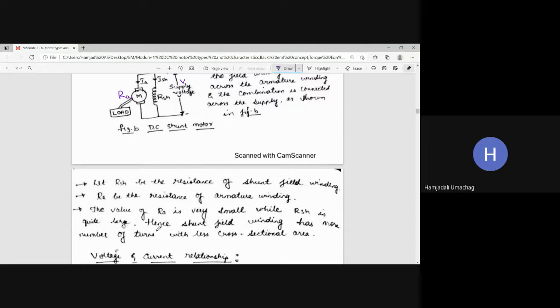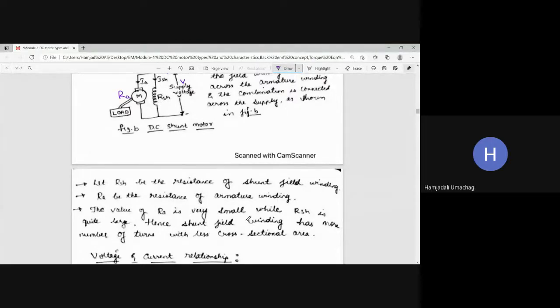Whereas the series motor field winding has fewer turns with large cross-sectional area, the DC shunt motor field winding has a large RSH compared with the armature resistance, along with a large number of turns.